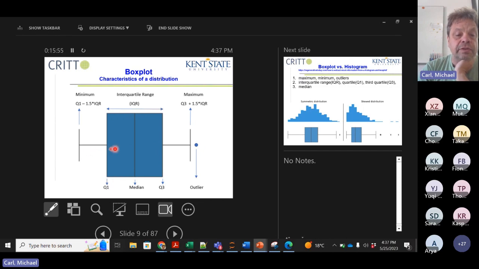So each of those things would be one quartile. This would be 1/4 of the data. This would be another quarter of the data. And then we have this first quartile, and everything that goes, data points that go beyond 1.5 times the interquartile range, would be outliers here.